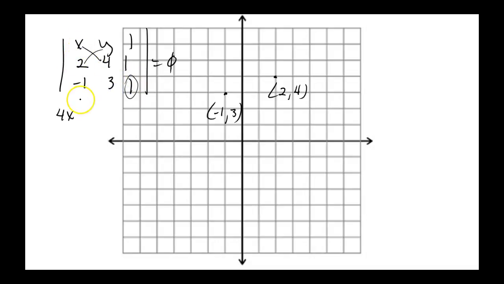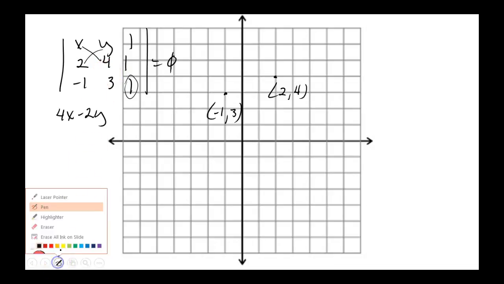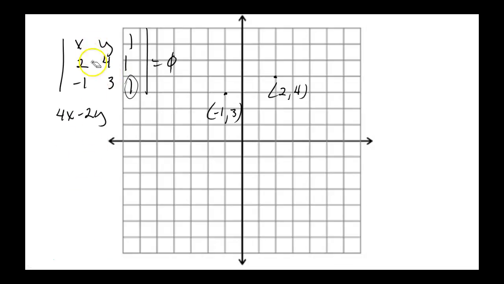Oh, excuse me, I wrote the wrong row. You could have written them in any order. So 4x minus 2y, times 1, which is redundant. So there's that one. Then let's go next to negative 1 times the 3x plus y.